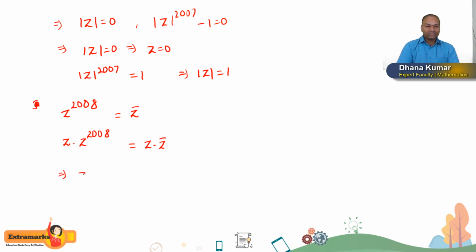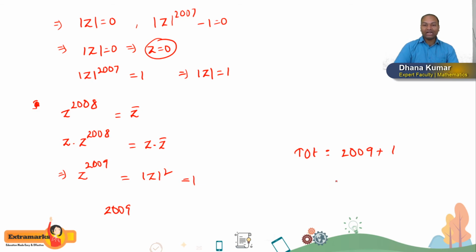Implies bases are same, so powers should be added. z power 2009 is equal to z into z bar is what? Mod z bar square. But mod z is 1, so mod z bar square also what? 1. Okay. So z power 2009 is equal to 1 means how many values of z exist here? 2009 values exist. Here how many values? 2009. Therefore, total number of z is equal to 2009 plus one more, 1. So that is equal to what?